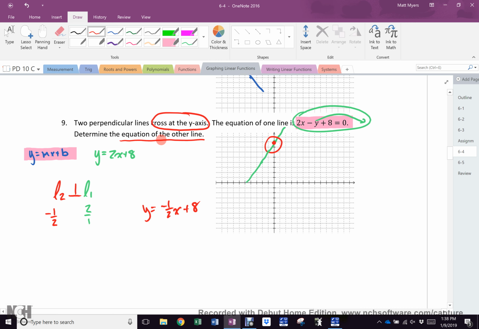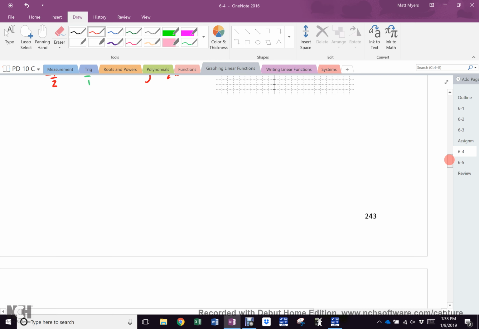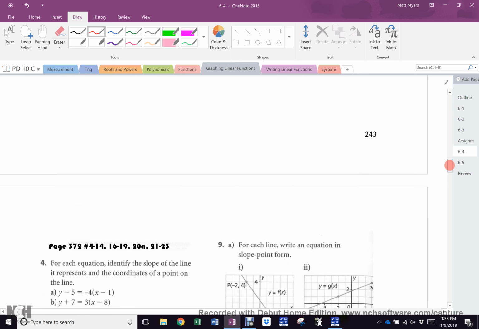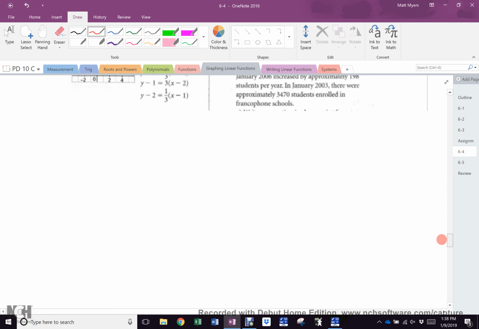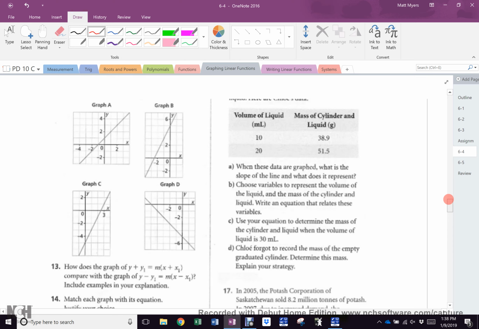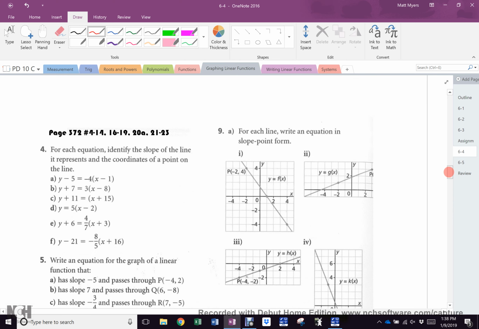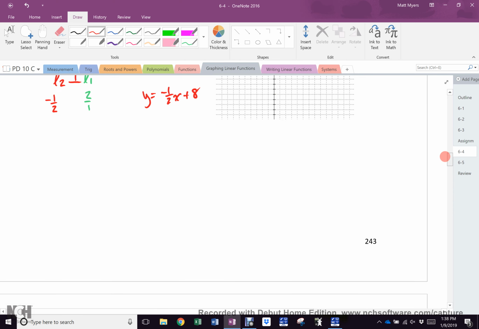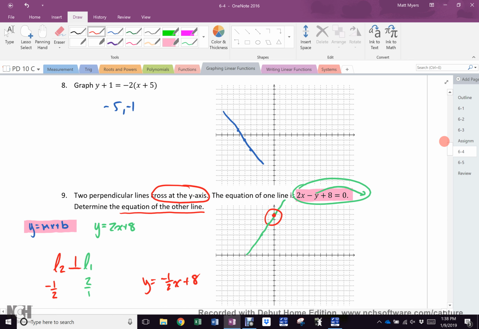It said just give me the equation. Cool? And then we want line 1. Just flip the one line. The whole next bunch of work is just graphing, but it's going to be based on point slope instead of slope intercept. All right?